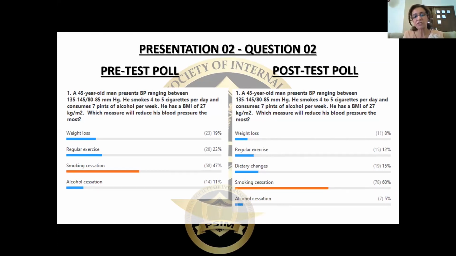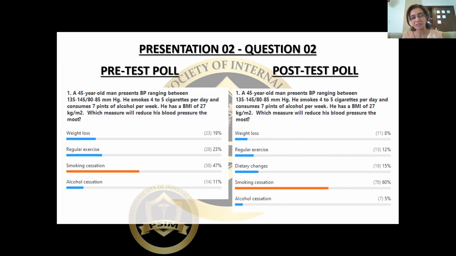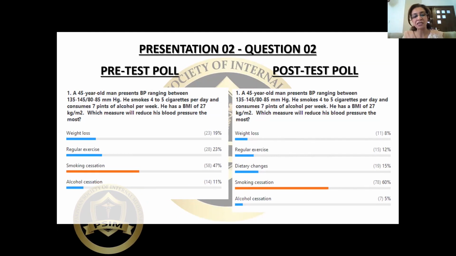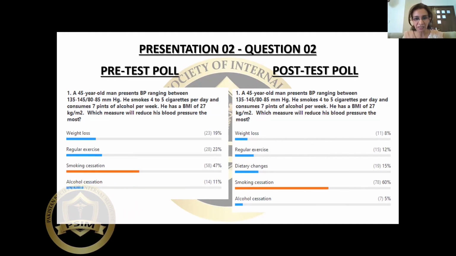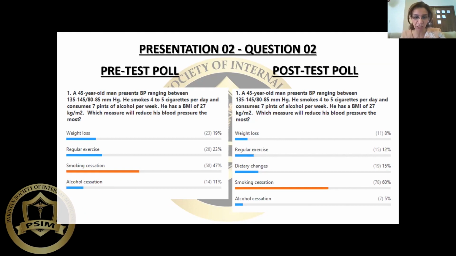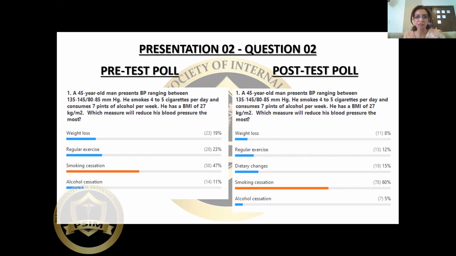This is followed very closely by exercise, which causes around 10.5 millimeters systolic. So regular exercise would have been closely contested, but the correct answer is dietary changes, which was only picked up by 15%, unfortunately, of the people who are attending. Next question, please.